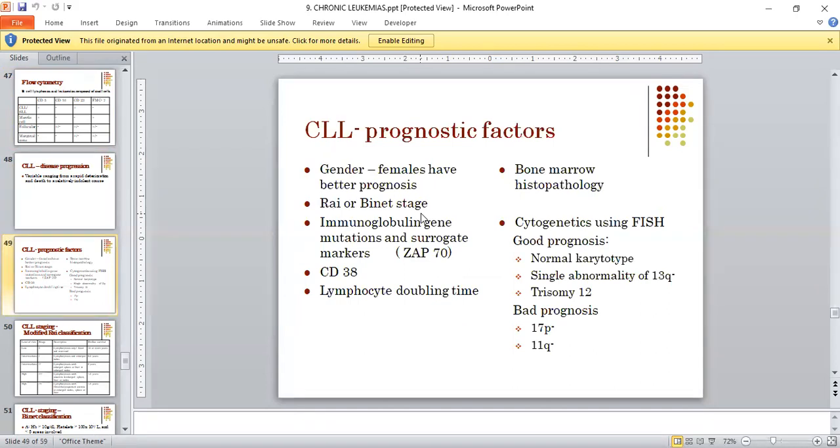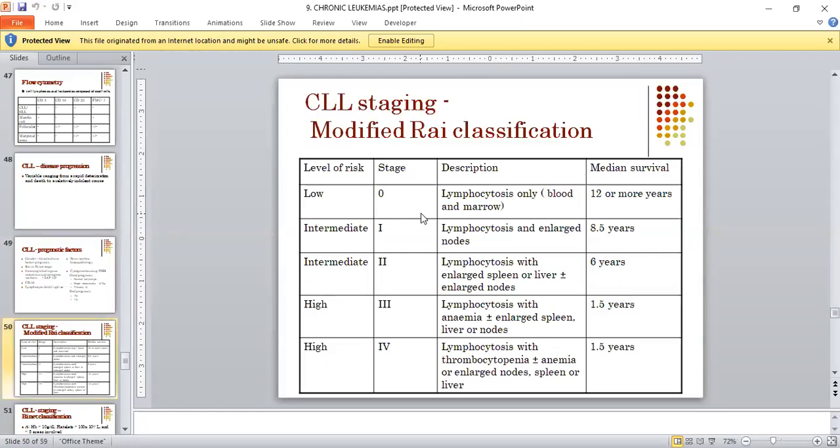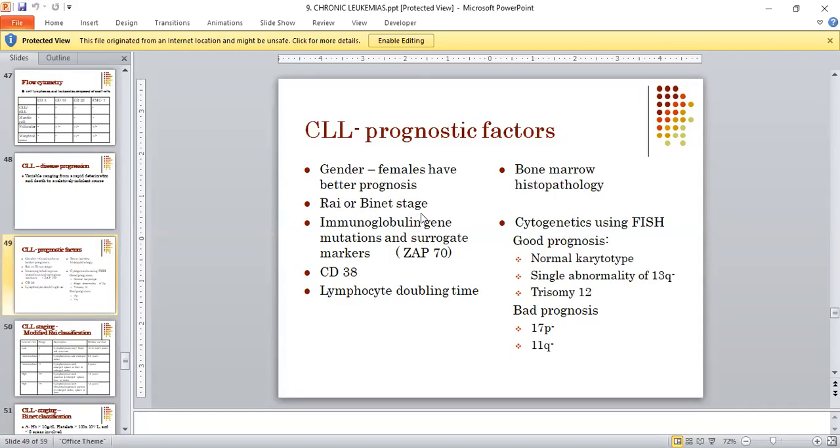So prognosis, females have better prognosis. The Rai or Binet stage, CD38 markers for poor prognosis, and for good prognosis, cytogenetics using FISH is good prognosis.